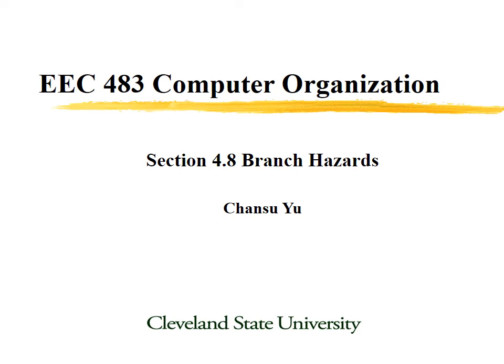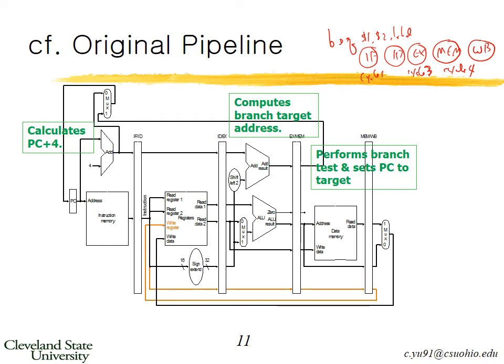Section 4.8 is the branch hazard. If you remember the branch instruction, with register 1, register 2, label, in the IF stage, in cycle 1, it is calculating PC plus 4, as in the slide. And when the branch instruction moves to the execution stage in cycle 3, it is computing the branch target address. As you see, there is an adder in the execution stage. It is getting the 16-bit offset and the current program counter value, and adding them up to compute the target address.